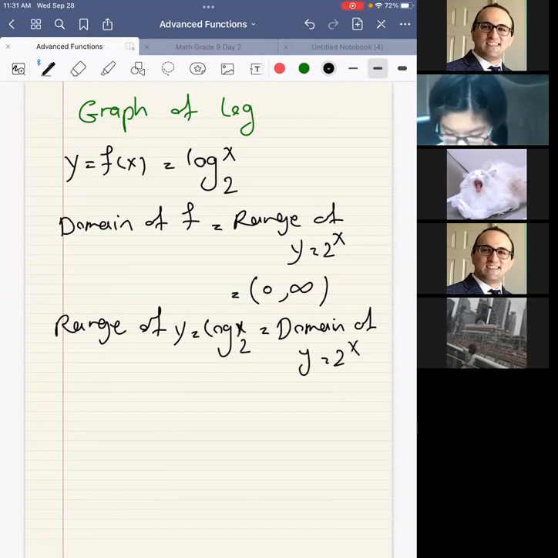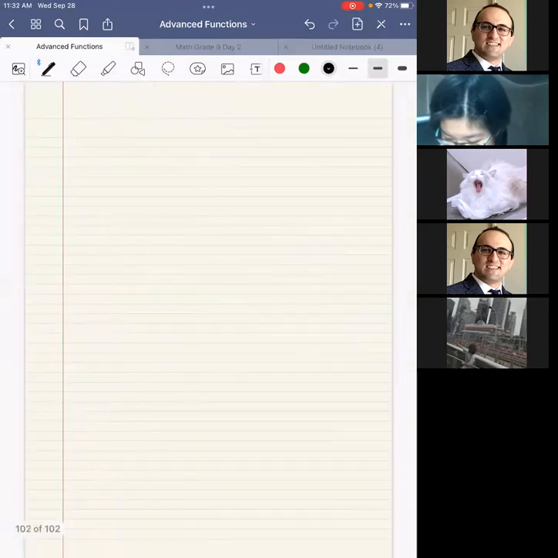And what is the domain of 2 to the power x? The real numbers. It's everything, the set of real numbers, or you can say from minus infinity to positive infinity. Now let's try to draw the graph.